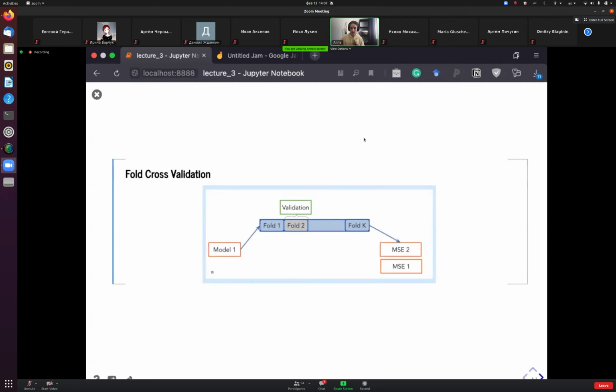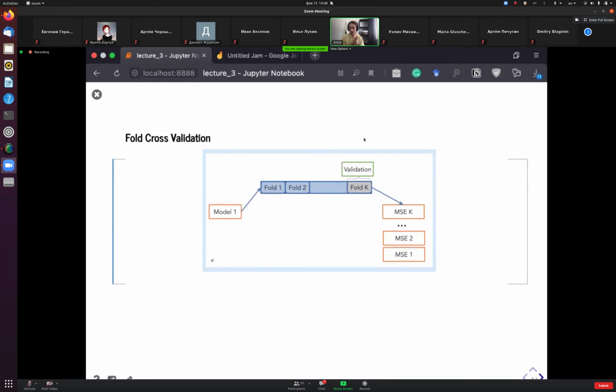Then we do the same for the second fold. We take the second fold from the data, we put it outside, we don't touch it. We train the model on all the other folds, so fold number 1, number 3, up to fold number K. We again train on these K-1 folds and we test on the second one. We obtain the second mean squared error.